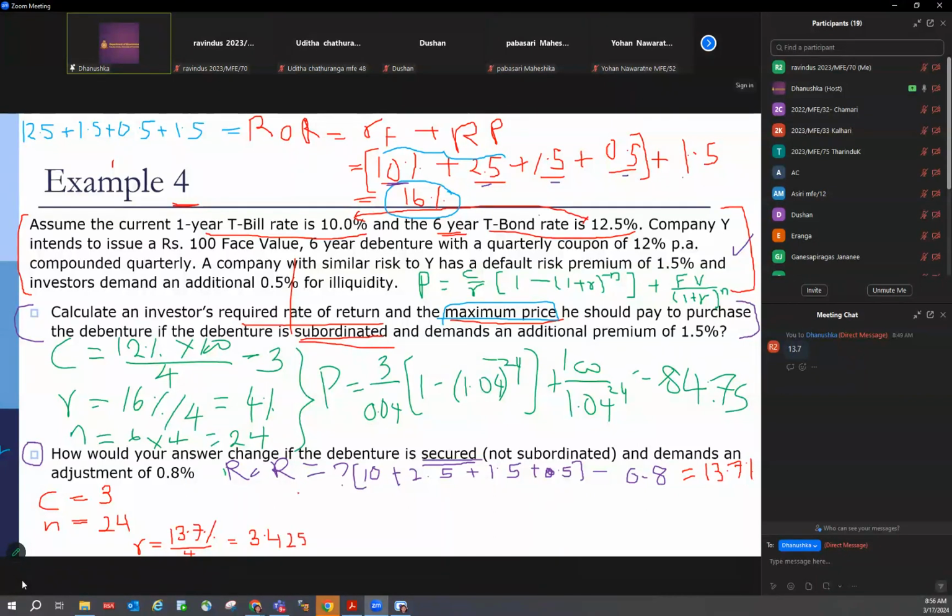So based on this, you can look at what is the price. 3 divided by 0.03425.